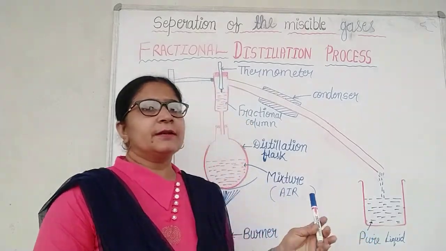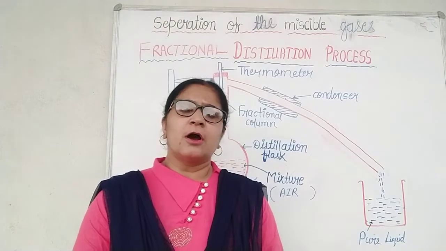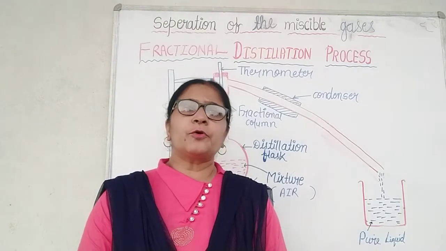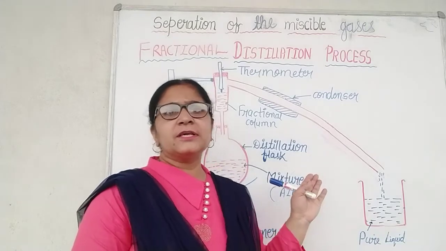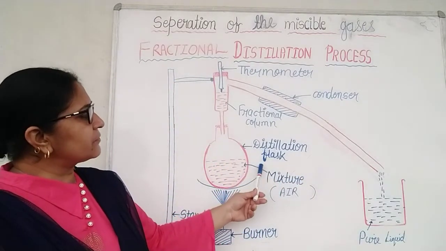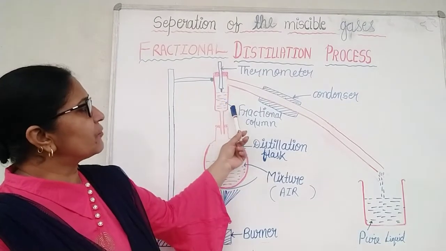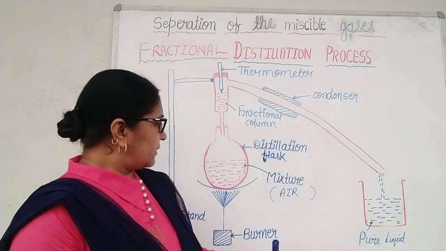We have taken air because air is a homogeneous mixture of different gases. So for this separation, our setup will be as shown in this figure. In this figure, this is the distillation flask, this is the fractional column, this is the condenser, right?